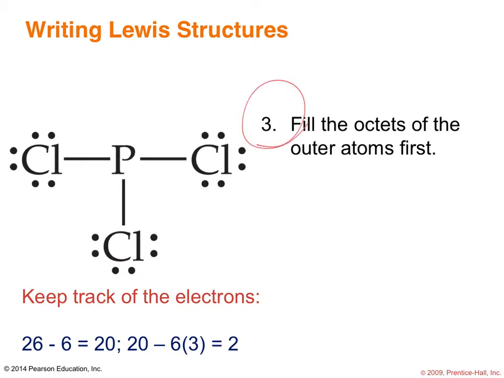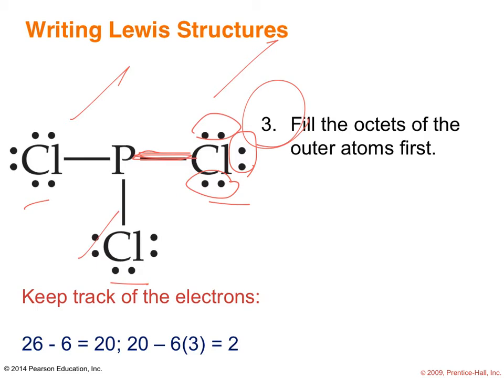All right, number 3. Fill, or give, the outer atoms an octet of electrons. Okay, so 2, 4, 6. And remember that each single bond represents 2 electrons. So you can see the chlorines now have an octet of electrons.